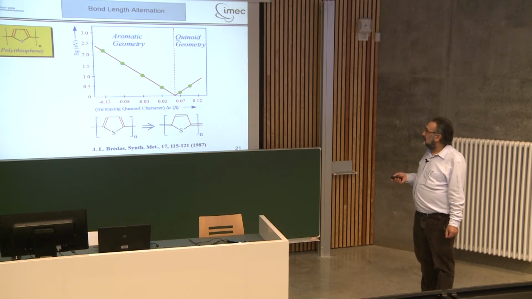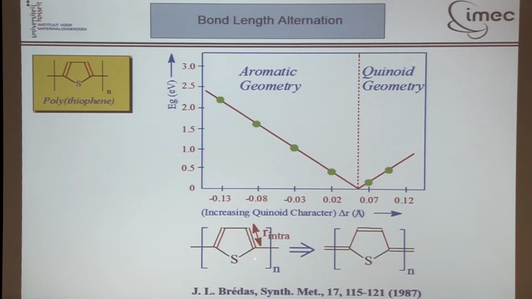Actually, this is a very simple one. One takes in this case the bond length of the double bond of the ring, and then the bond length of the adjacent connection with the following repeating unit, which is a single bond and which will be longer. And this difference one calls the bond length alternation.